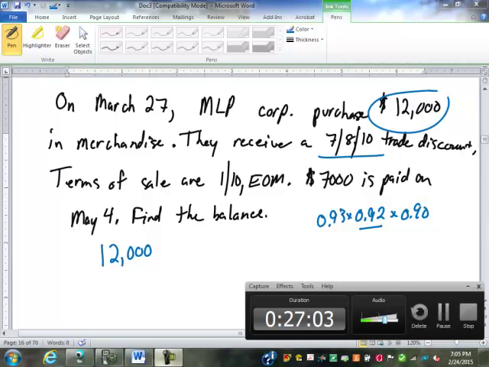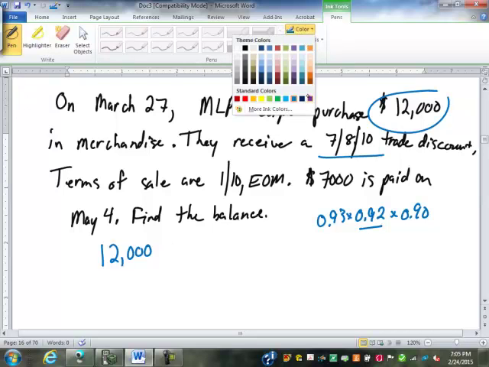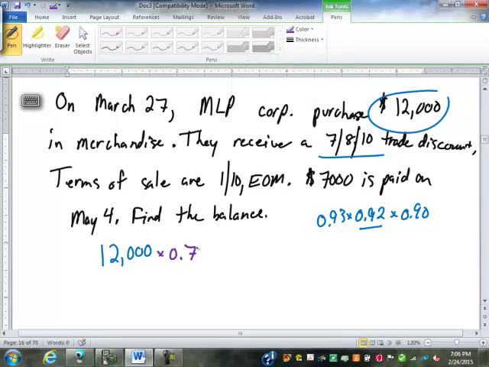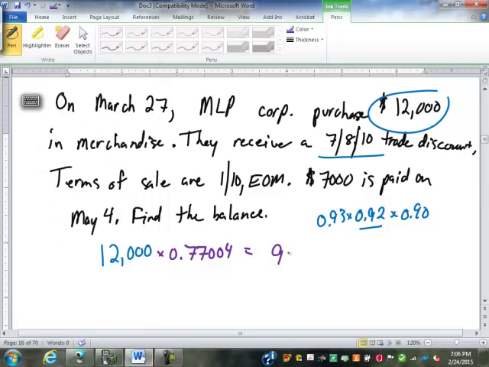We multiply that out. We get 0.77004. So we're going to take our 12,000 times 0.77004, which will give us 9,240.48. That is the amount that appears on the invoice.